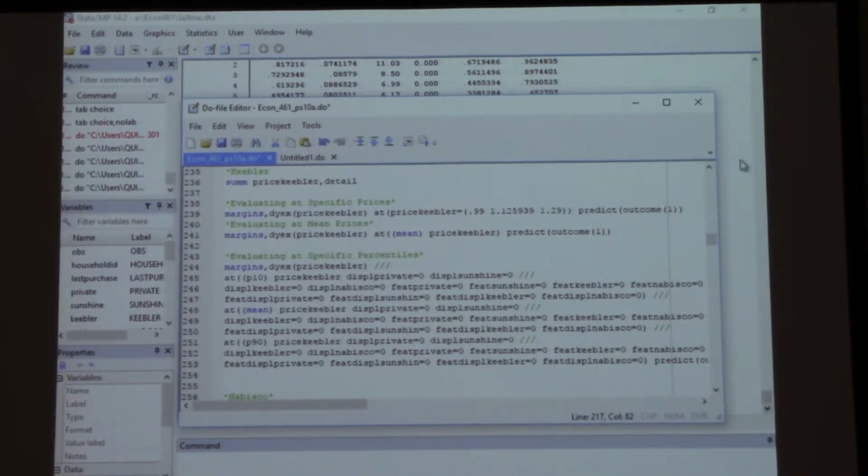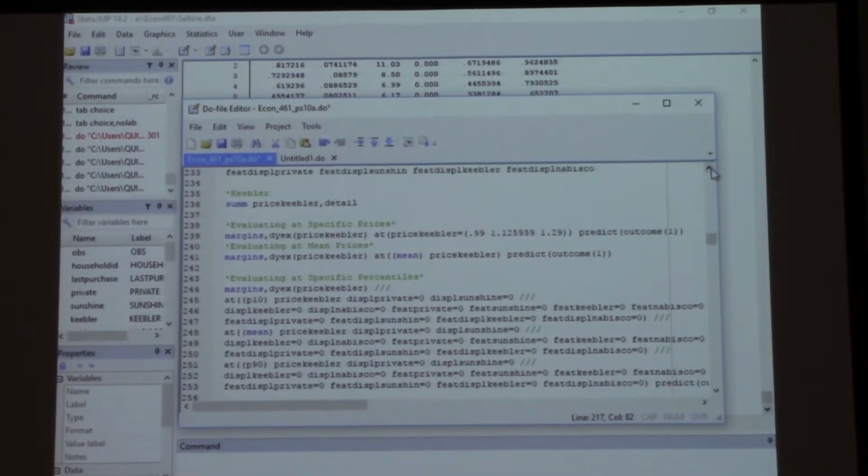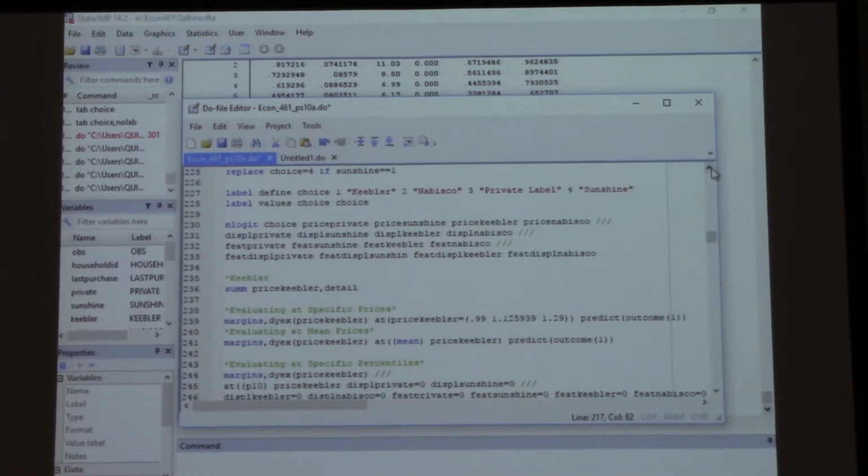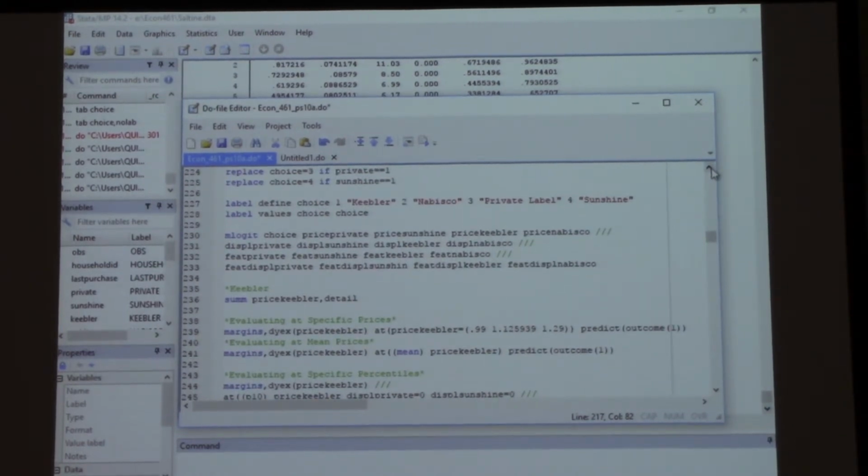So what you can do is this. Margins is really powerful, but you can evaluate marginal effects, which we've already done, at specific prices. This is evaluating marginal effects, and this is what we're calling quasi-price elasticity, along the lines of when we talked about this with Heinz and Hunt's.